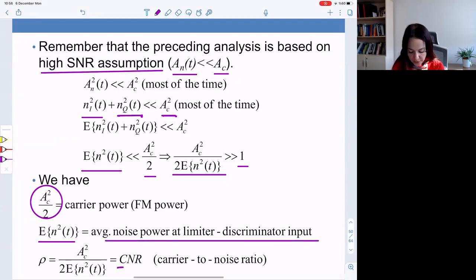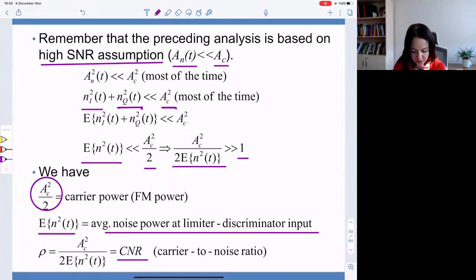We can define a carrier to noise ratio as rho equals AC squared over 2 expectation of N squared of t. Okay, so this is the carrier power, and this is the noise power, carrier to noise ratio.